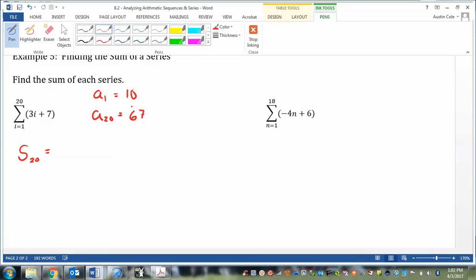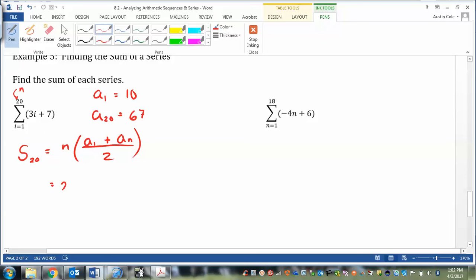Questions there? Okay, so my formula is n times a sub 1 plus a sub n over 2. Well, n is how many here? 20. Yeah, that number right there is n. It's going to be 20. The first term in my sequence is 10.